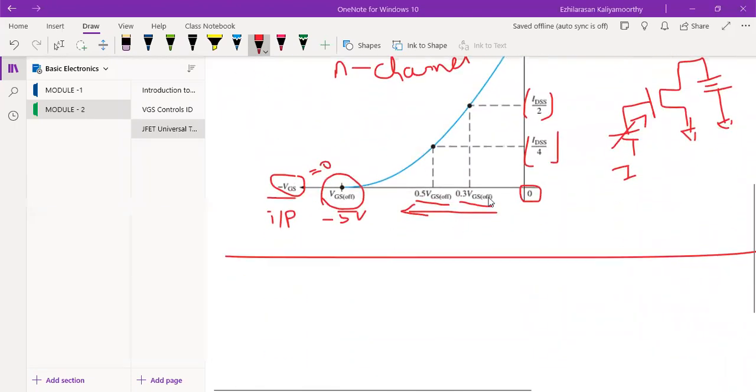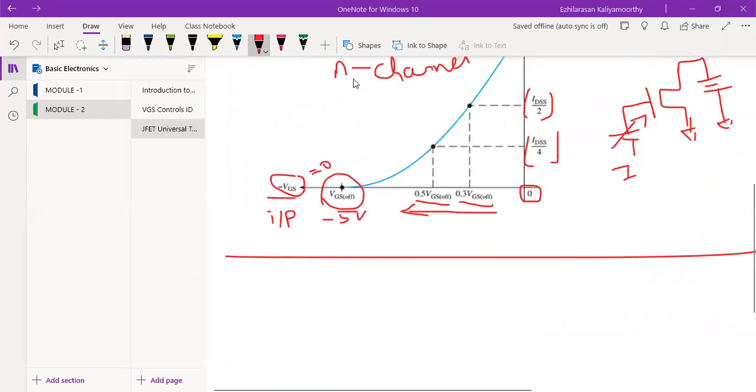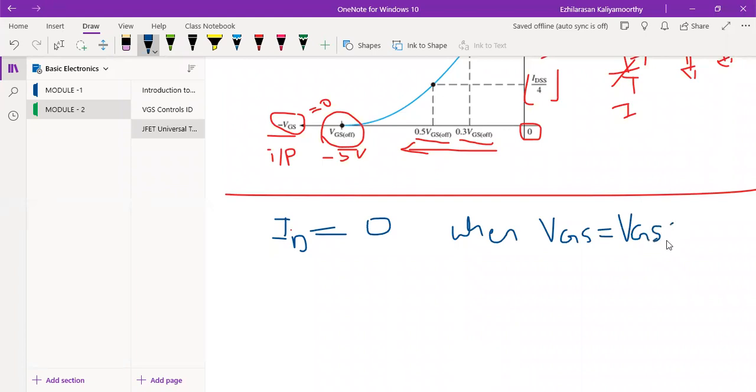Now from this we might have noticed that when ID is equal to 0, VGS is equal to VGS off.